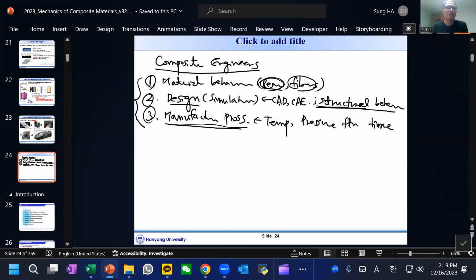How can we apply the temperature? How can we apply the pressure as a function of time? That is basically the manufacturing process.